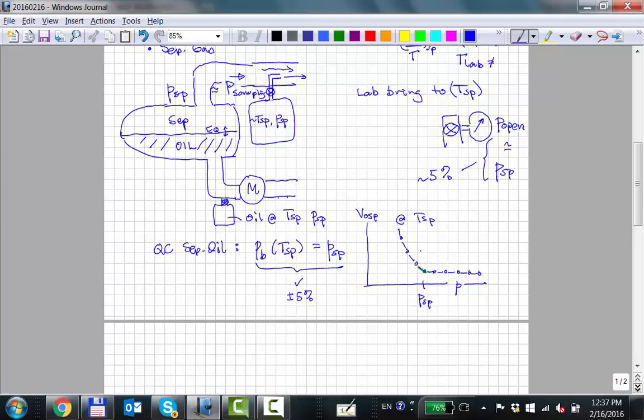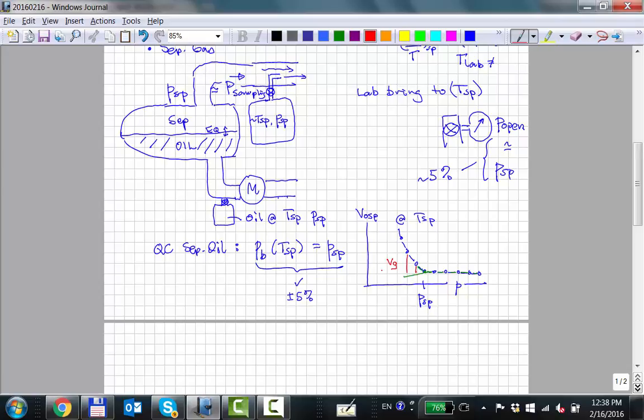So what's happening here to the oil volume, if you just plot in green the oil volume, the oil volume starts shrinking here. And the difference between these two, that's gas. And gas, as a function of pressure, is increasing inversely proportional with pressure.